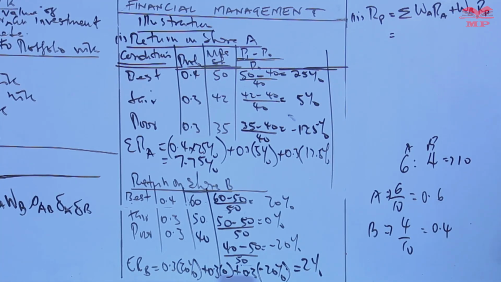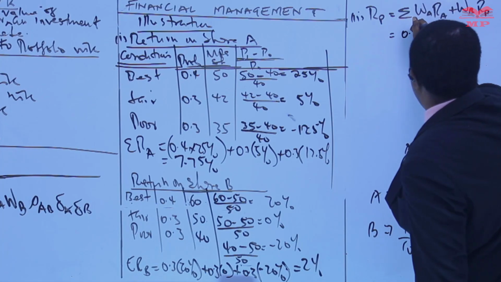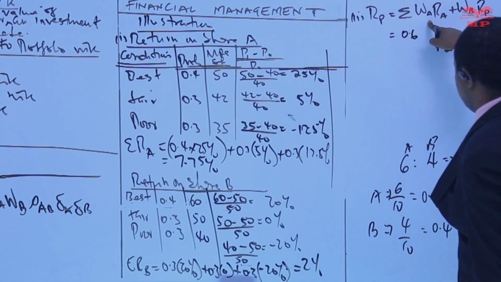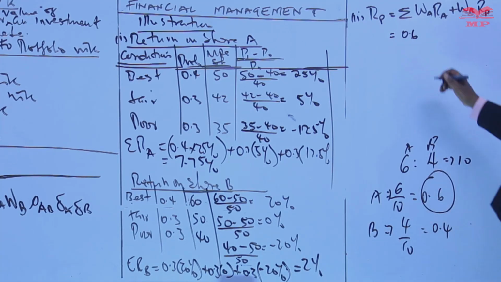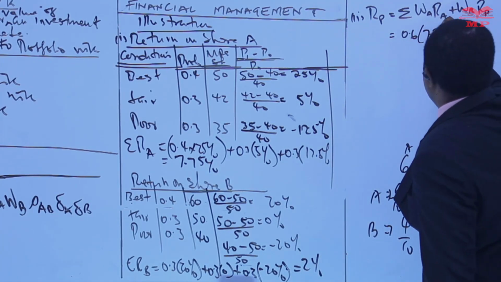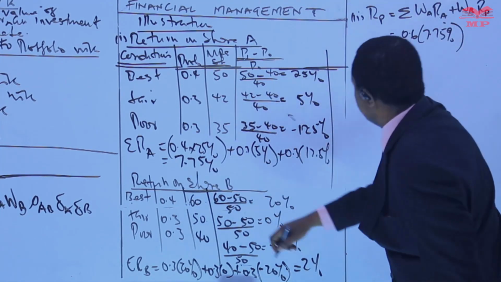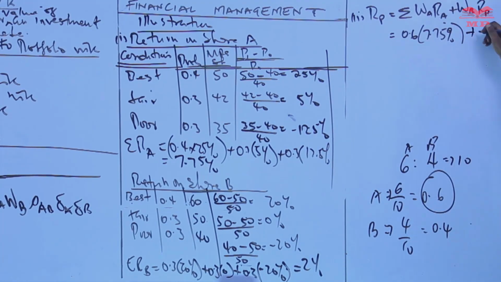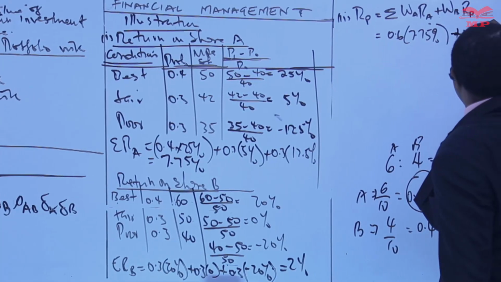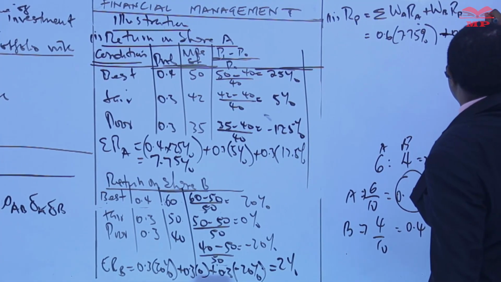0.6, 0.4. So the weight here is 0.6 for share A. That proportion is the weight, times the 7.75% return for asset A, plus weight of share B, 0.4, times the return of share B, 2%.